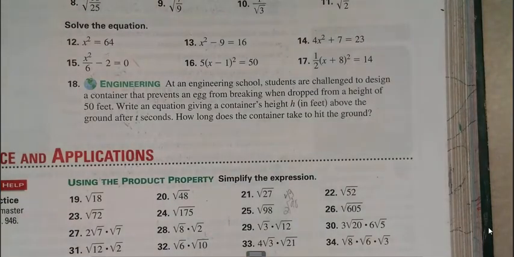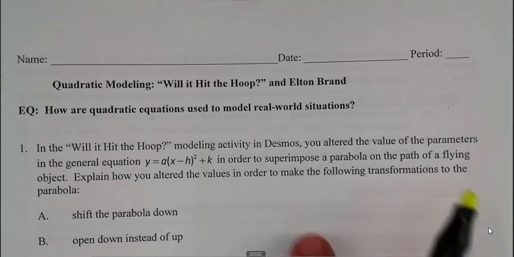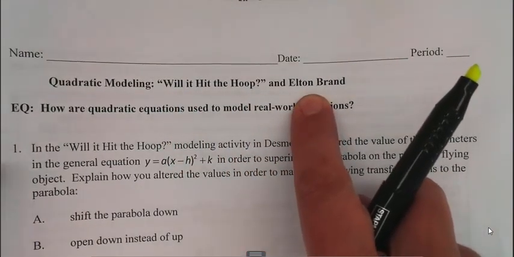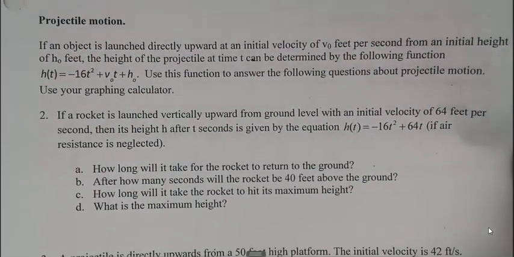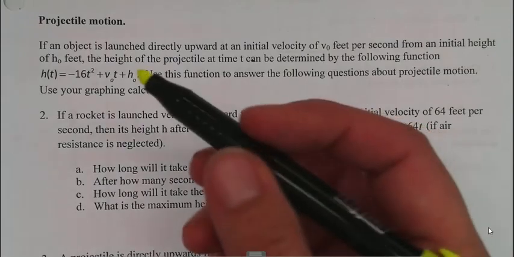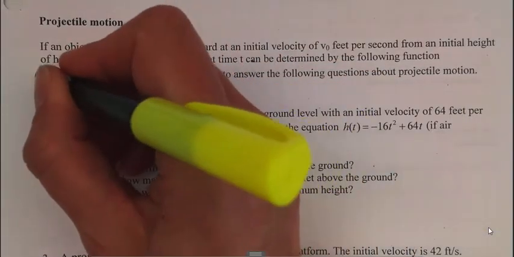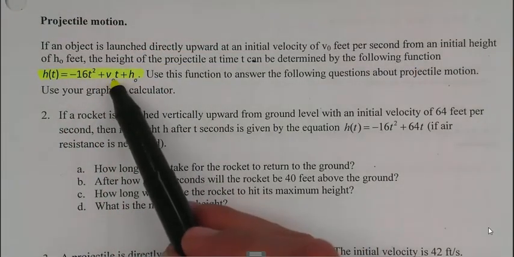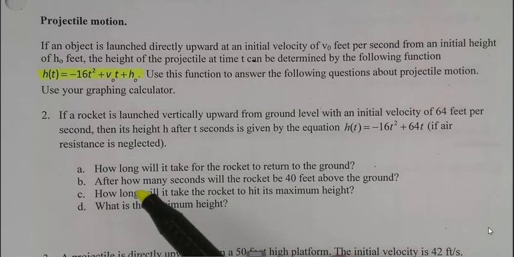So, let me draw your attention back to your quadratic modeling handout. This is where we reviewed will it hit the hoop, and we did an Elton Brand problem. And one of the examples on here was projectile motion. And we said that any projectile motion can be modeled using this equation, where v naught is your initial velocity and h naught is your initial height.